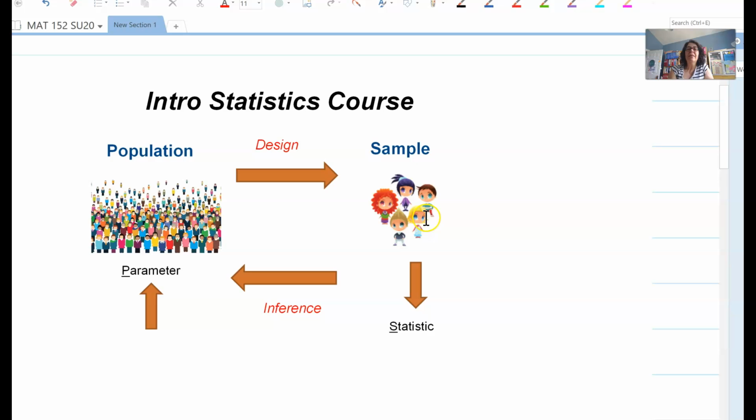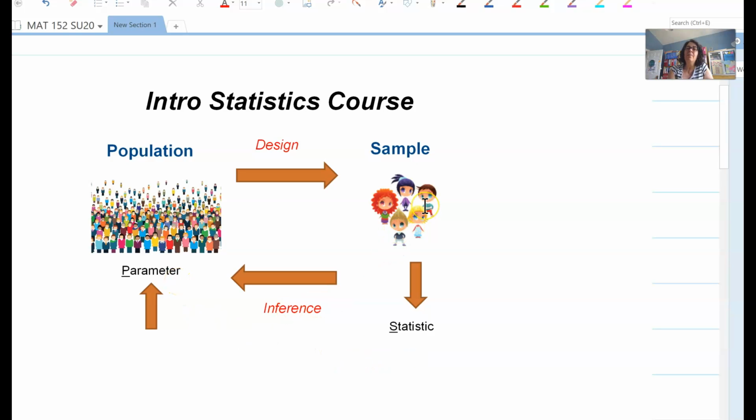By looking at this sample, we will obtain some statistics. We will obtain a median of this sample, a mean of this sample, and then the standard deviation of this sample. All of this will be called statistics. By looking at those statistics, we will refer to population parameters.